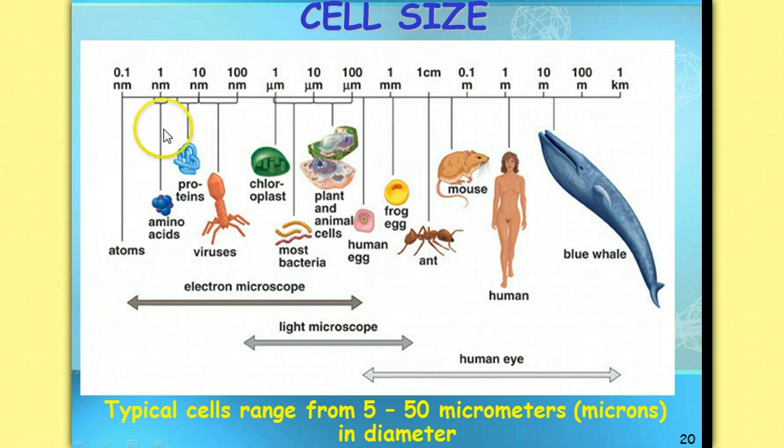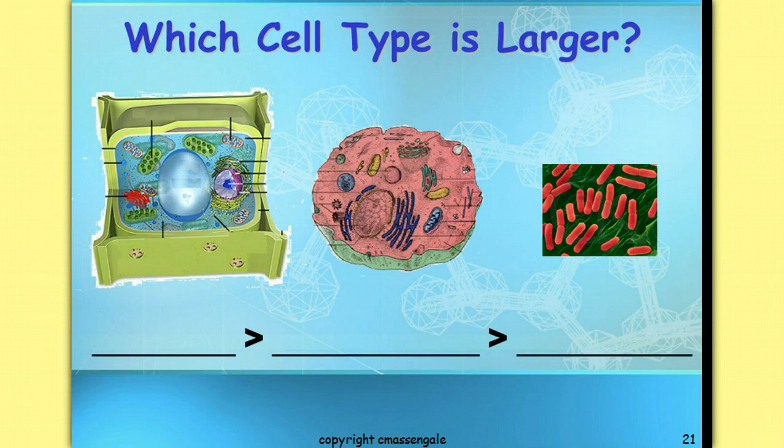And when we look at normal plant and animal cells, they range anywhere in here. Okay, so most bacteria are down here, and then organelles are going to be 1 micrometer and smaller. All right. So when we look at a basic atom, it is a tenth of a nanometer. So that's even smaller. All right.